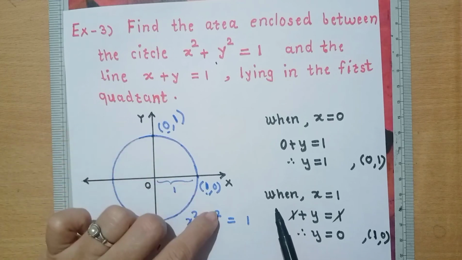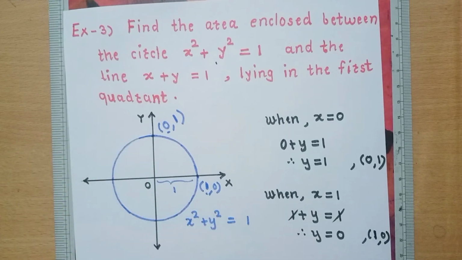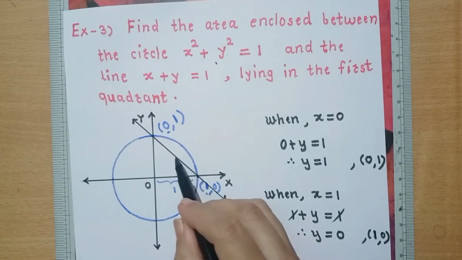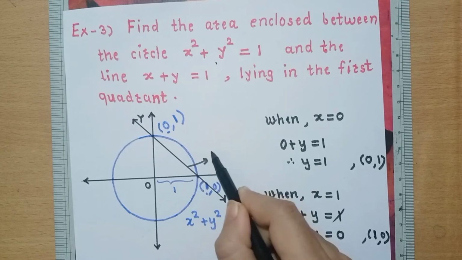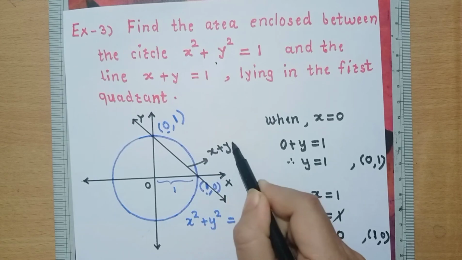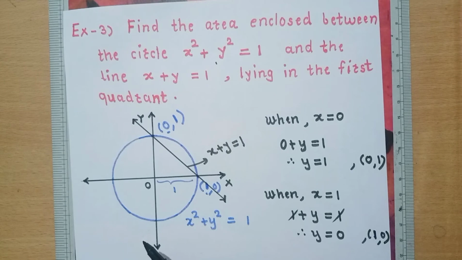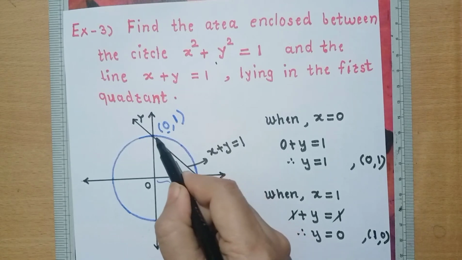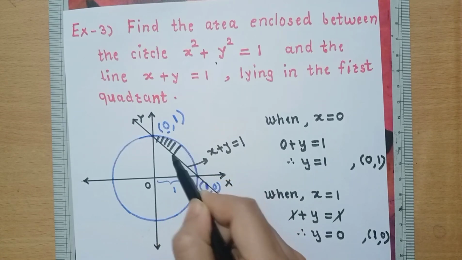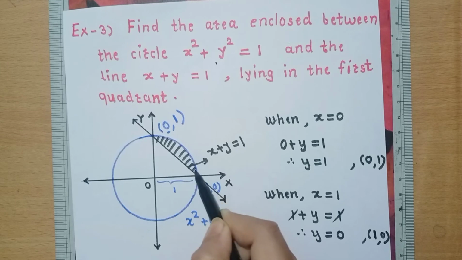So we will draw this line. Check now, this is our line. Here I'll write x plus y is equal to 1, and we have to find out the area of this region.